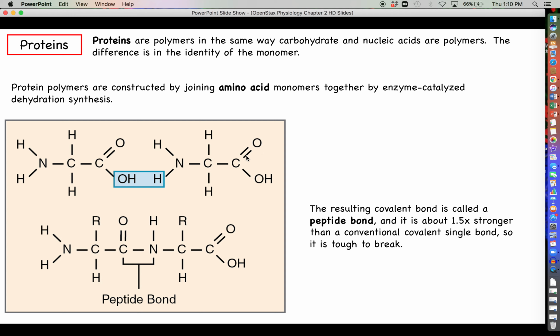In the case of making proteins, this covalent bond has a very particular name. We call this a peptide bond. It is particularly important because this peptide bond ends up being about 1.5 times stronger than your usual single covalent bond, so it's especially tough to break.